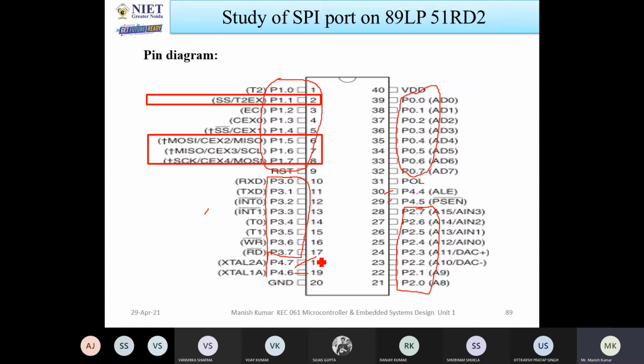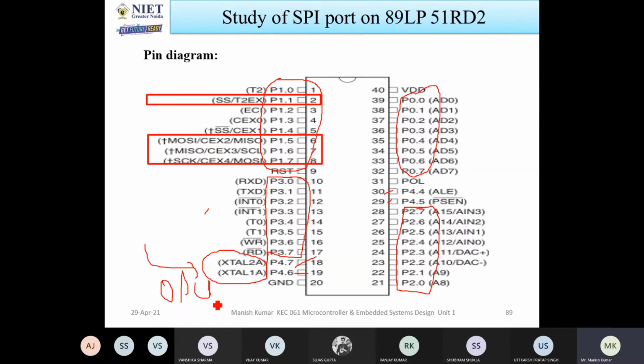And also you can't use port 4 as general input output. This is a dedicated input. Like you can see port 4.6 and 4.7, it is written there XTAL2 and XTAL1. It means this is used for the oscillator.